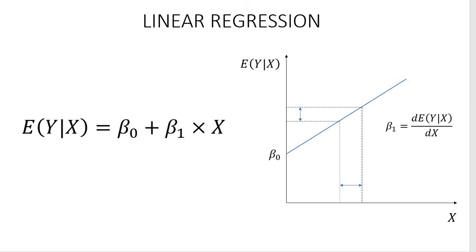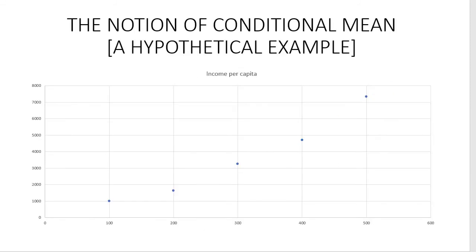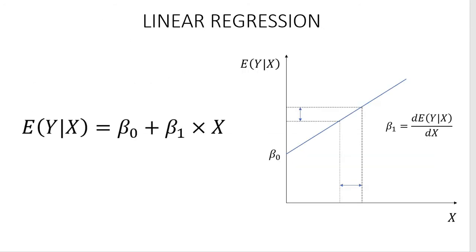In our case, of course, higher level of capital is expected to result in higher level of income, because this is something natural, yes? If a country has more resources, it's expected to be wealthier. But of course, if you put, for instance, crime rate or something different, that would be rather a negative relationship between income per capita and this variable. So it all depends on the variables you use in order to estimate regression.